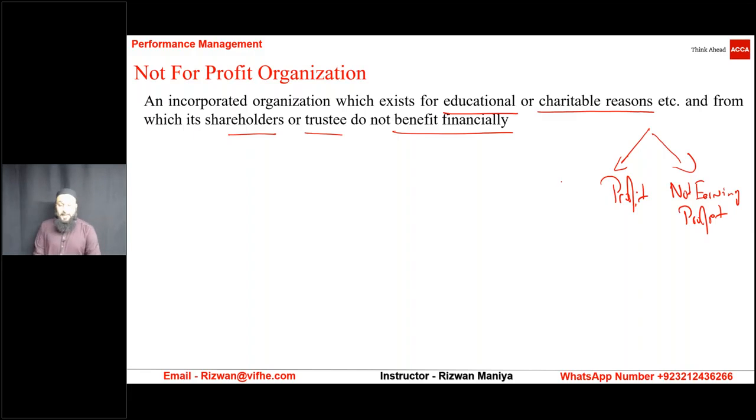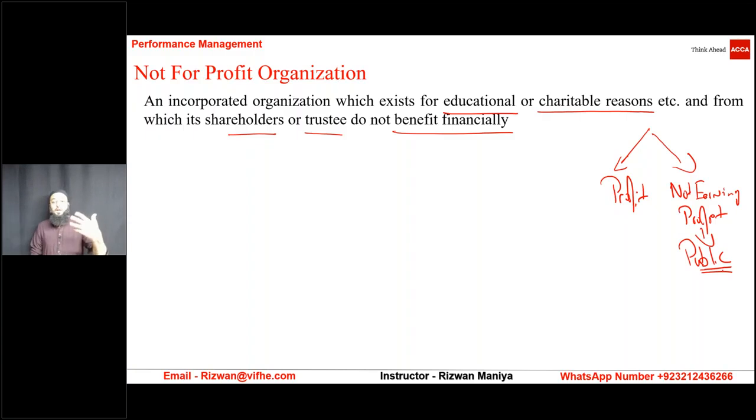Normally, the ones that don't earn profits are basically government-controlled ones. We call these public sector ones. They are government-controlled organizations that are using the funds of the government.